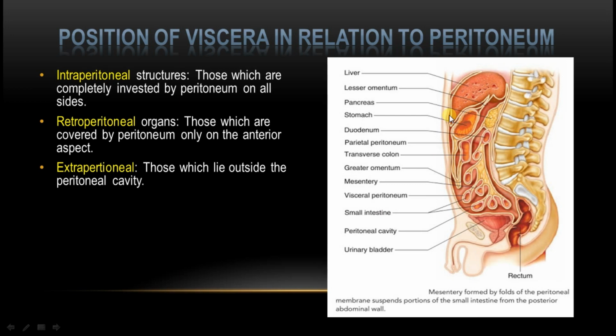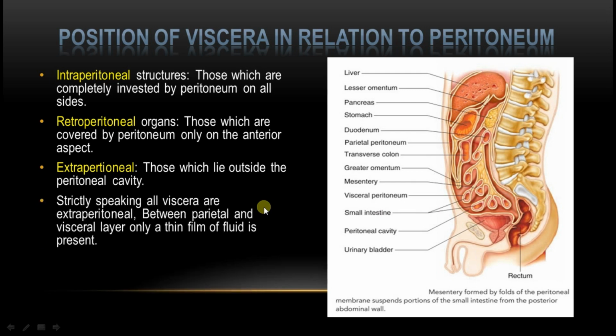Nothing but the peritoneal fluid, and that is the original peritoneal cavity. Because this layer originally was here. When the liver slowly grew and pushed it, the original cavity which was large was reduced to a potential space. So between these two layers, nothing is present. Then whether it is the liver or stomach or your coils of intestine, all those can be considered as extraperitoneal, because between the two layers, parietal and visceral peritoneum, you have only the peritoneal fluid.